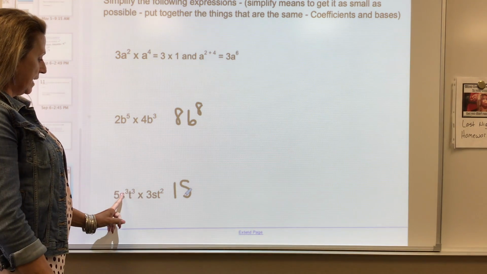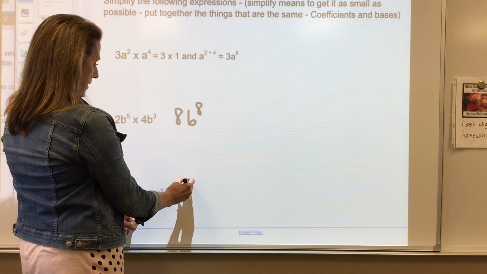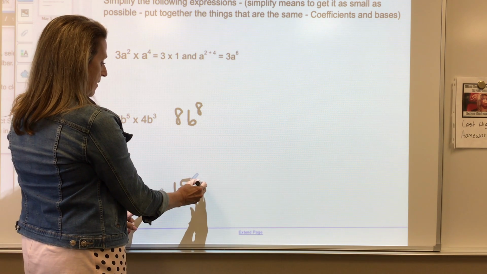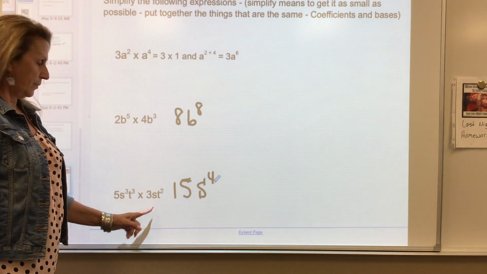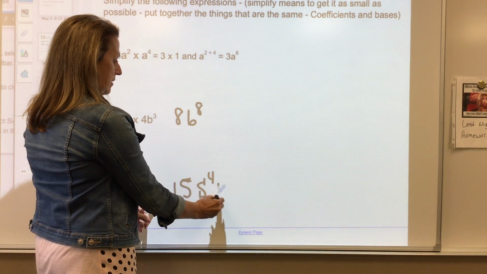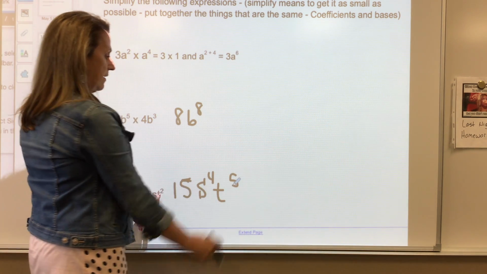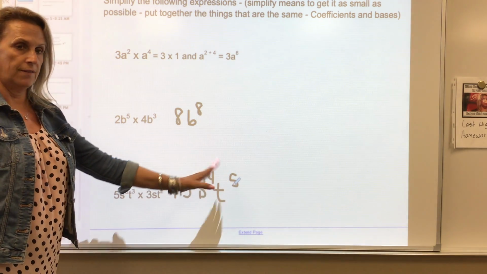So if I have 3 here and 1 here, I really have 4 s's. And then I have 3 t's and 2 t's. So I have 5 t's. So this is 15 s to the 4th t to the 5th.